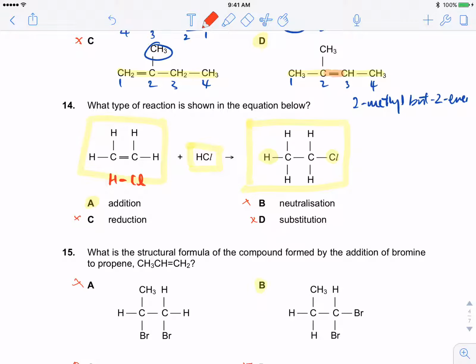Some of you wrote that it's a neutralization reaction. This is not neutralization. Note that neutralization requires the formation of a salt and water, which are both not formed here. Is it a reduction reaction? Okay, you may think that it's a reduction reaction because you gain 1 hydrogen, right? I think that's what you thought.